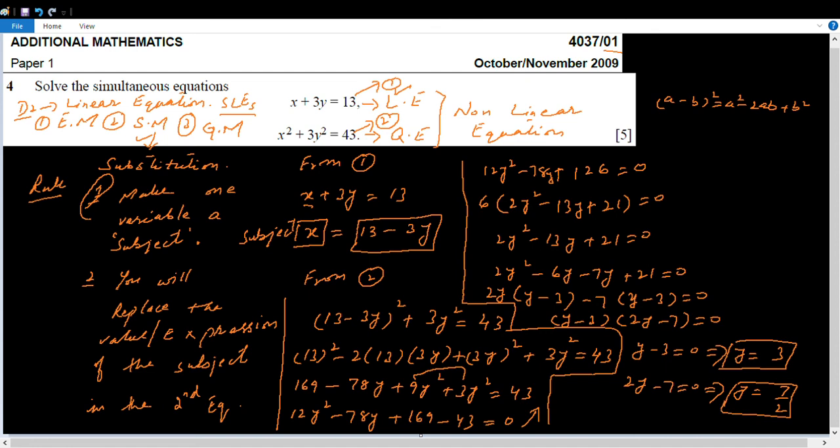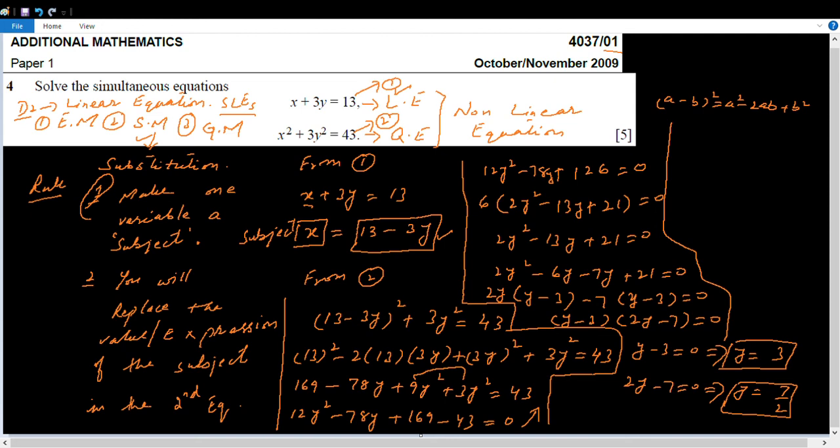Now one by one we will replace these two values in this equation to get the values of x. This is the benefit of making x the subject, because later on we can directly use it and get the values of x.